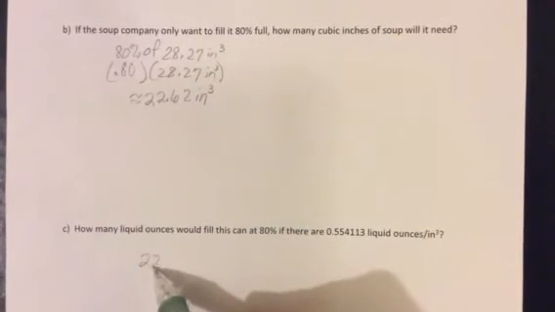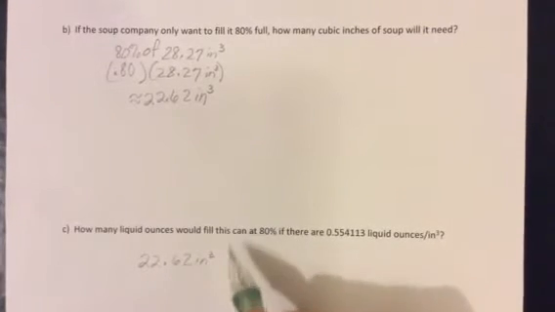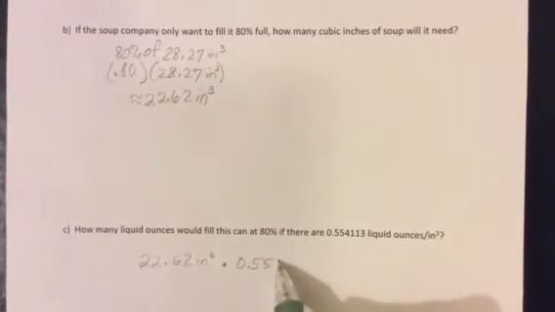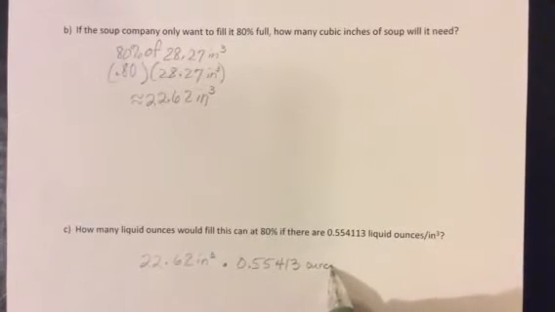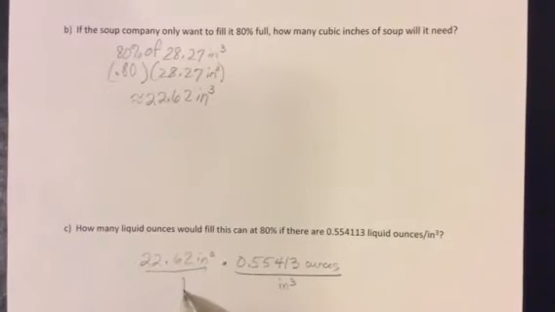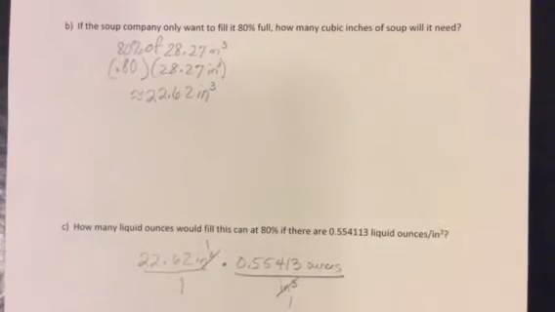So if we have 22.62 cubic inches and we multiply that by 0.55413 ounces per 1 cubic inch. Notice here now that I can put that over 1 and the cubic inches divide out. And I'm left with 22.62 times 0.55413, and then the units will be ounces.